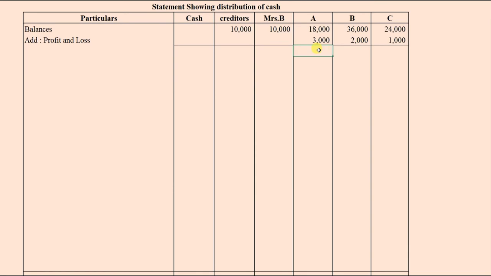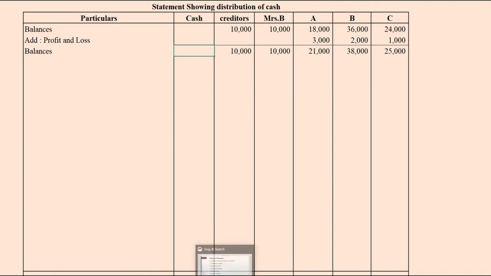So after adding this amount will be 21,000, 38,000 and 25,000. Here balance is 10,000, 10,000. These are the balances.